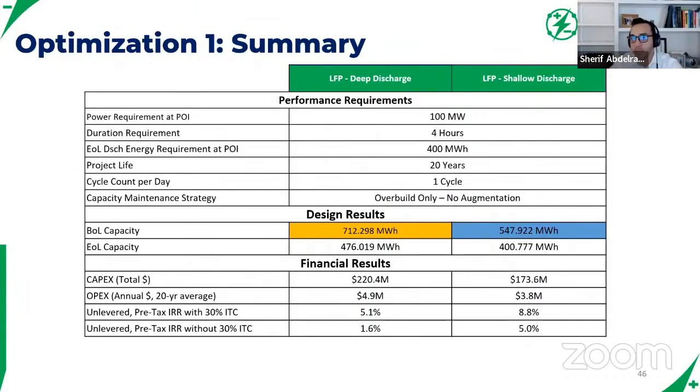For a low round trip efficiency system, maybe a low cycling application will make it more attractive because you're not losing as much energy. So it really depends on the use case. And that's what we're going to find in optimization 2 here. We're going to compare two different battery technologies and expand on how we uncover the differences there.